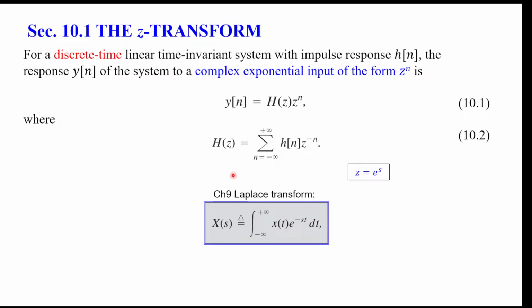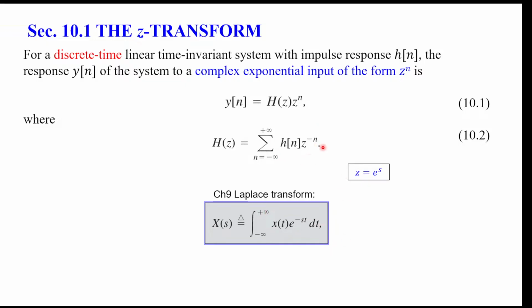This is very similar to the Laplace transform that we talked about in chapter 9. Here we have a bit of comparison. The Laplace transform was this integration from minus infinity to plus infinity of x of t times e to the minus st dt.